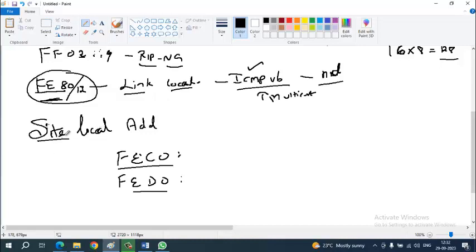You see the word site local, it's equal to your private IP address. Initially, in IPv6, we had this reservation so that you can use it as a private address. But there is no more. It is removed.